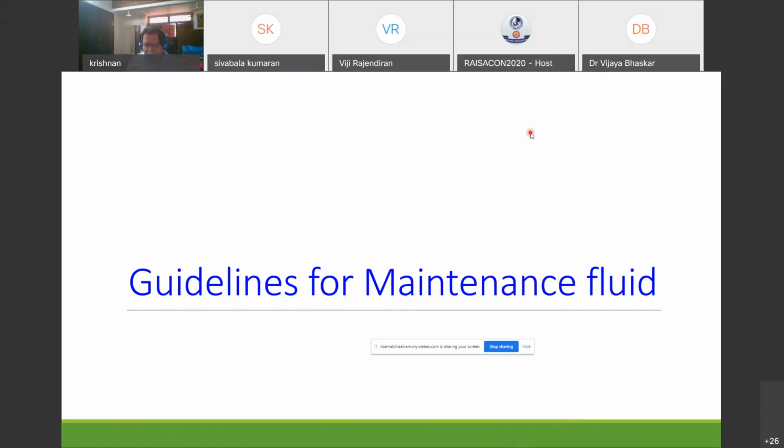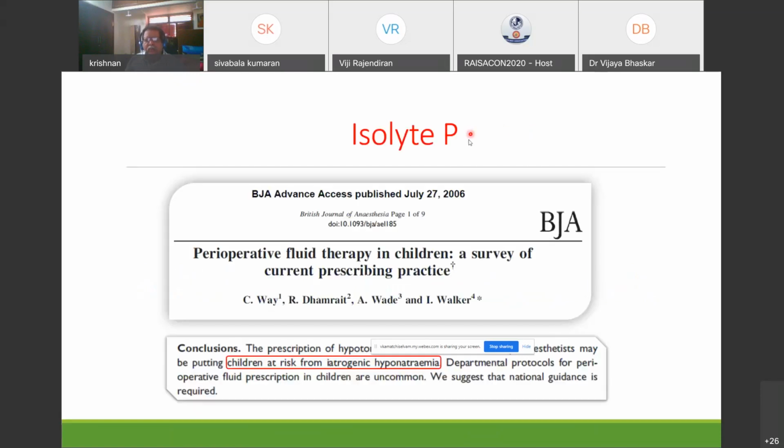Okay. Now we said the guideline is the 4:1 formula for maintenance fluid. What fluid we should give and how much we should give? Previously we were just giving the 4:1 formula alone. Now we have got some guidelines. In 2006, there was a sudden increase in post-operative deaths. They did lots of studies, and they found that the children who were dying or having post-operative problems had hyponatremia.